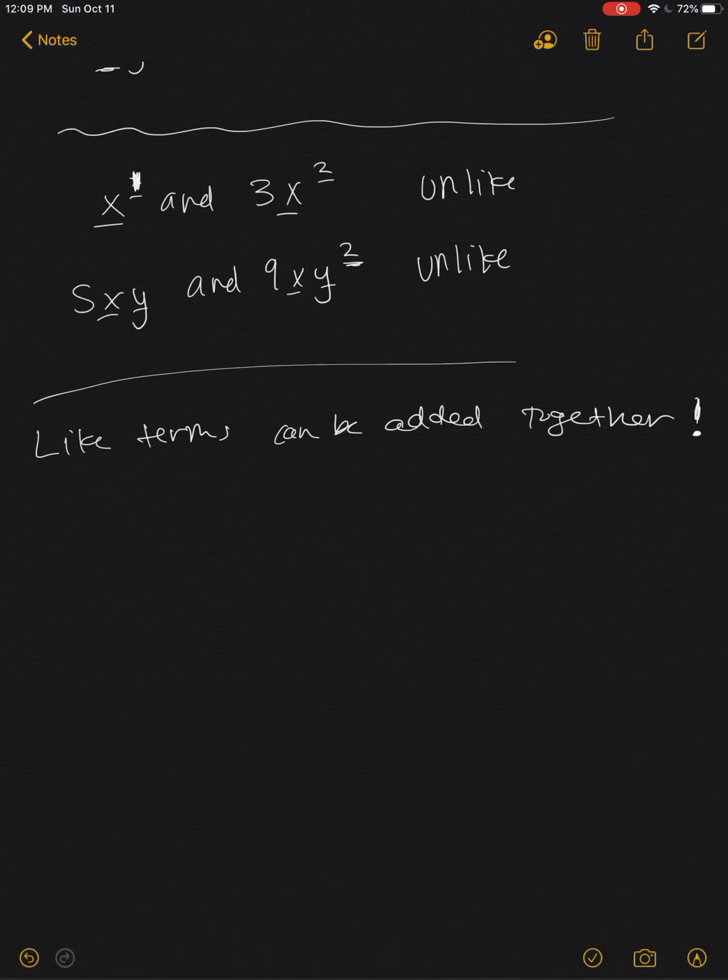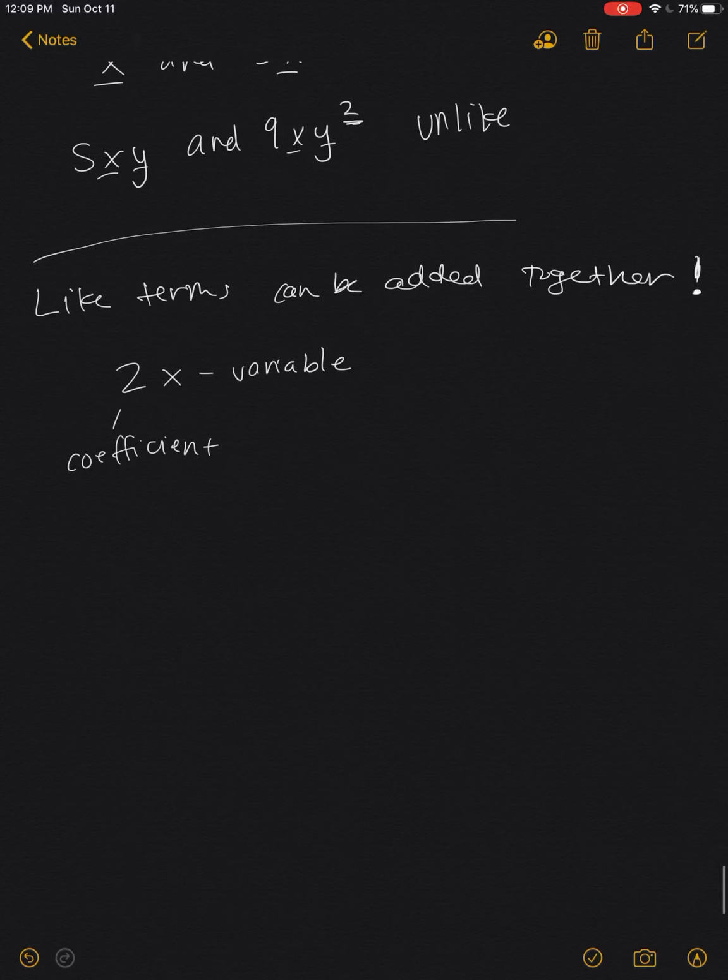You can add any kind of like term together. So first we need to break down a term. So let's say we have 2x. This number in front is called the coefficient. And of course, this is called the variable, right?